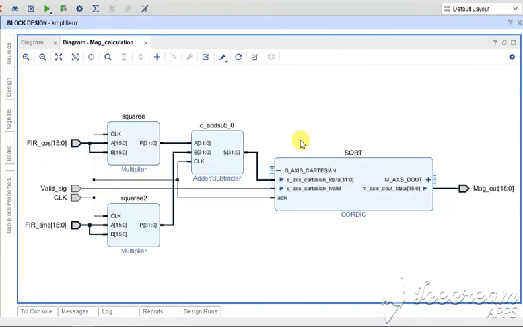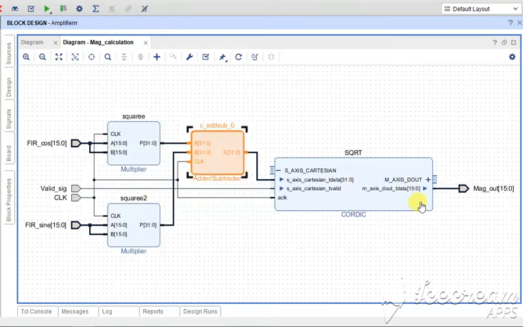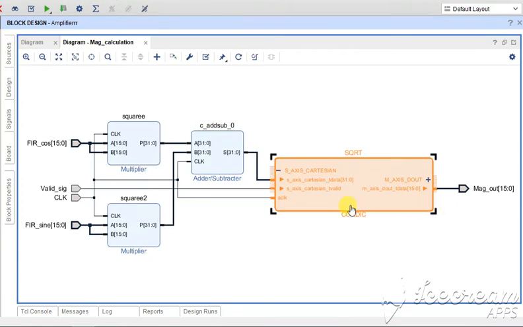After that, we applied the magnitude formula: the I and Q components are squared, then summed, and then passed through the square root function.